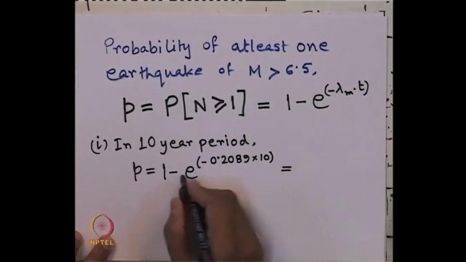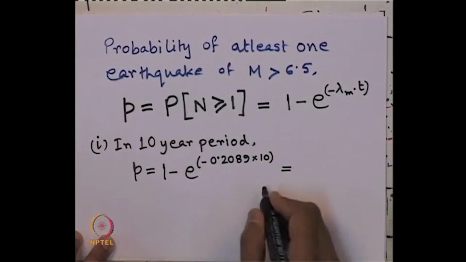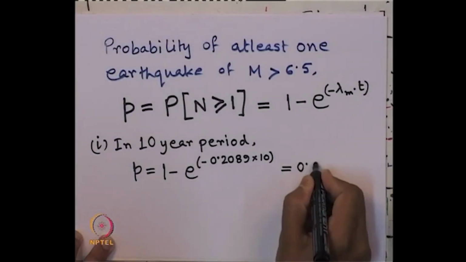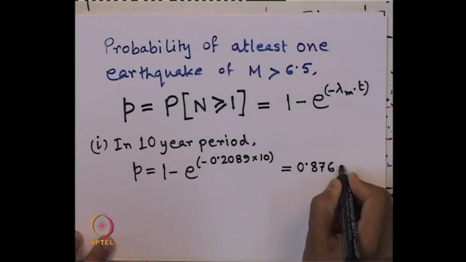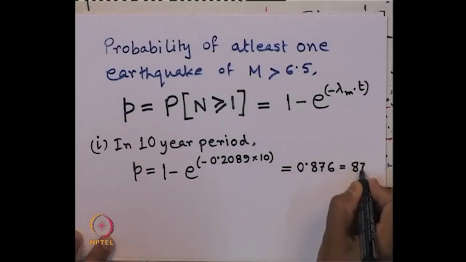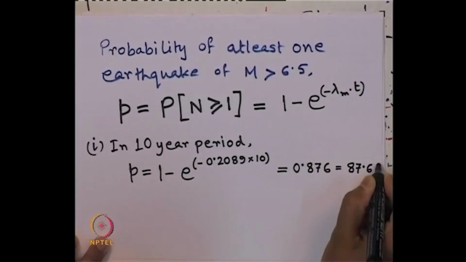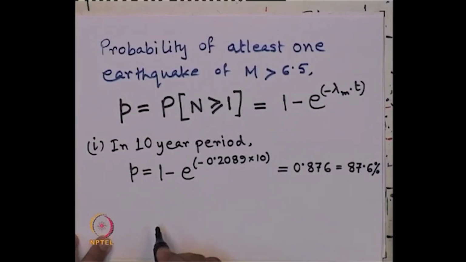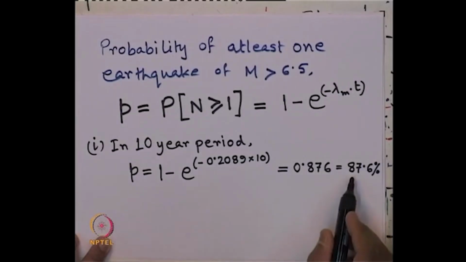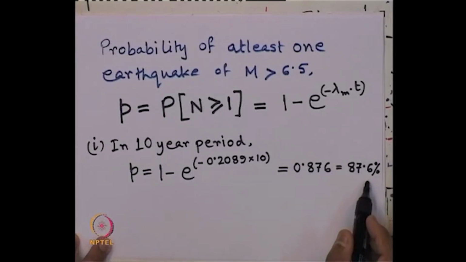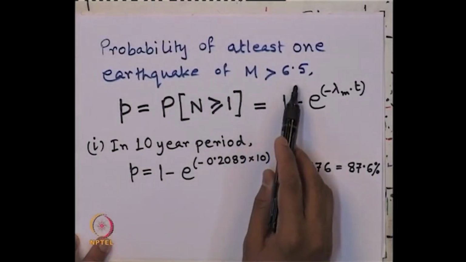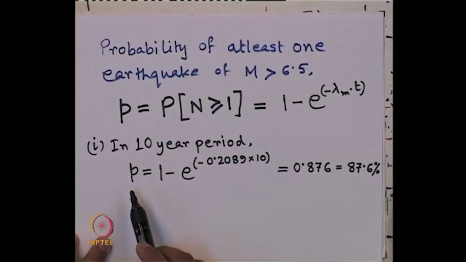So, simplifying this, how much are we getting? We are getting 0.876, which is nothing but 87.6%, if we express this probability in percentage. Okay. So, in a 10-year period, there is an 87.6% chance in that locality that at least one earthquake of magnitude greater than 6.5 will occur. Clear?